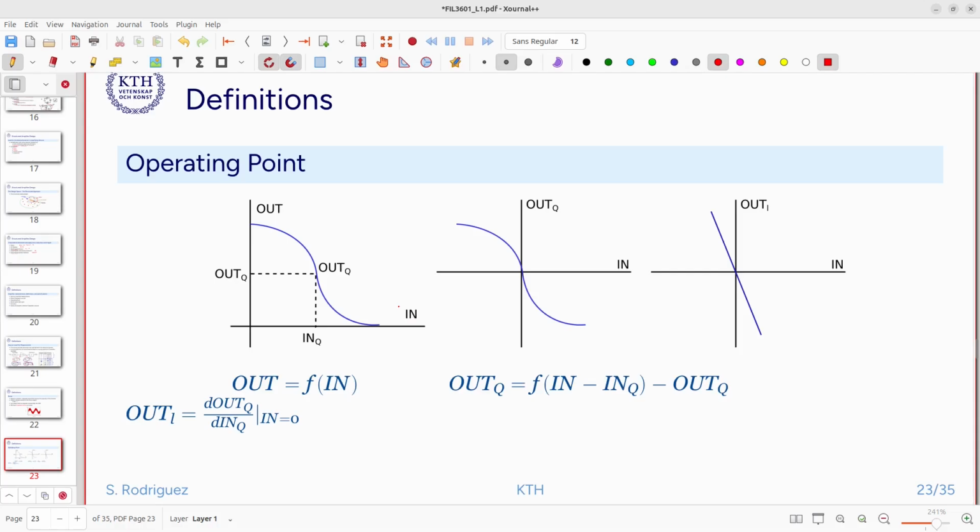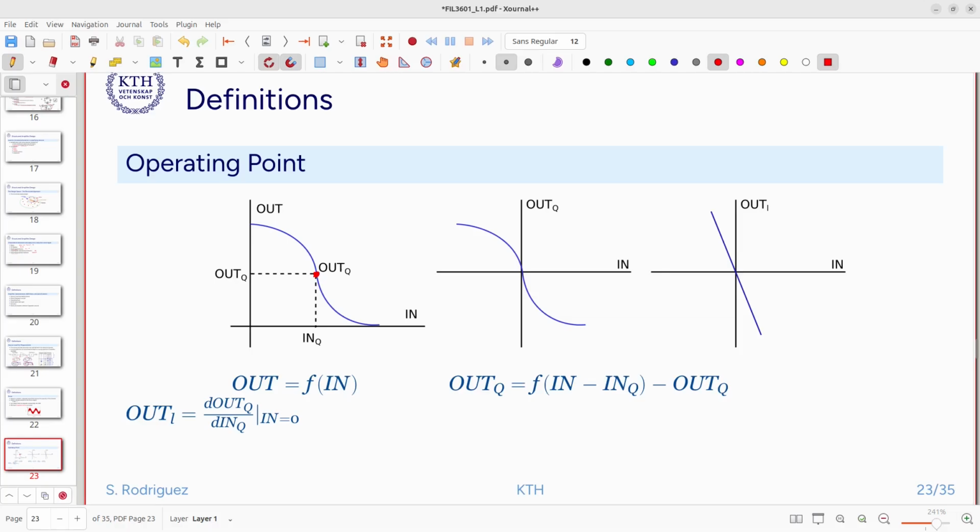I will have to decide where to work in this curve. The operating point or working point, we will call it Q for quiescent point. That will be the point in which the circuit will be working without any information signal coming. So it is just a resting point.